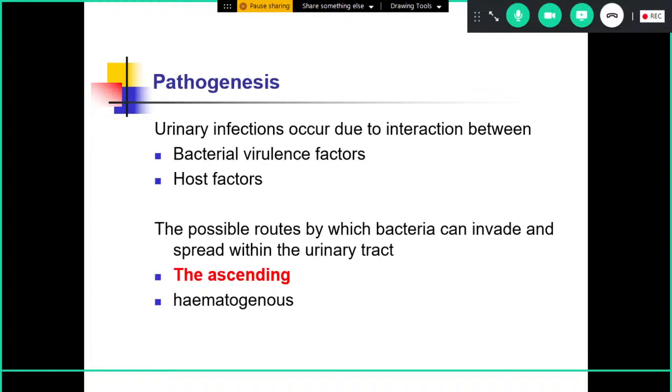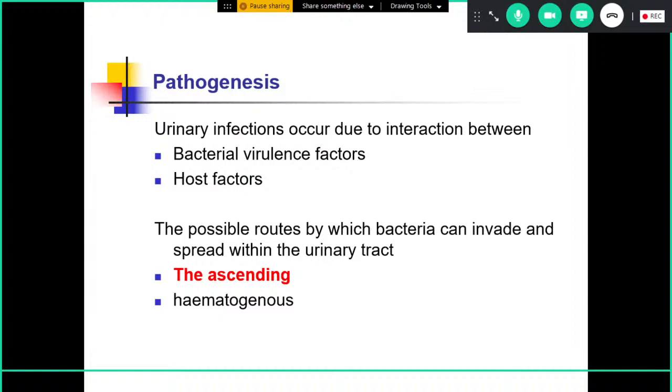Coming to the pathogenesis of UTI. So urinary infections occur due to interaction, like in any other infection, interaction between bacterial virulence factors and the host factors. The possible routes by which bacteria can invade and spread within the urinary tract is the ascending and the hematogenous route.